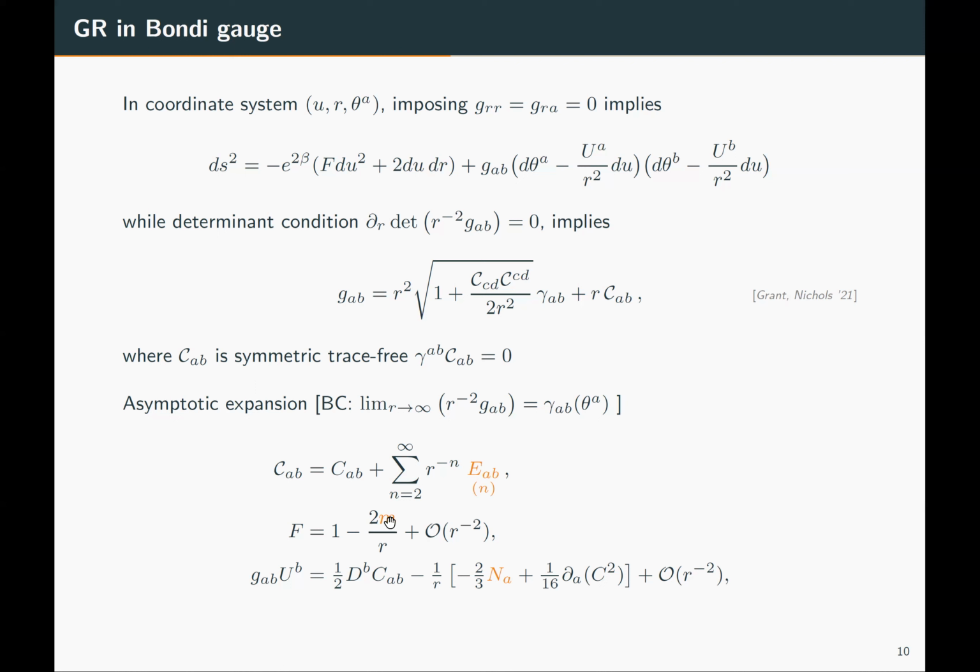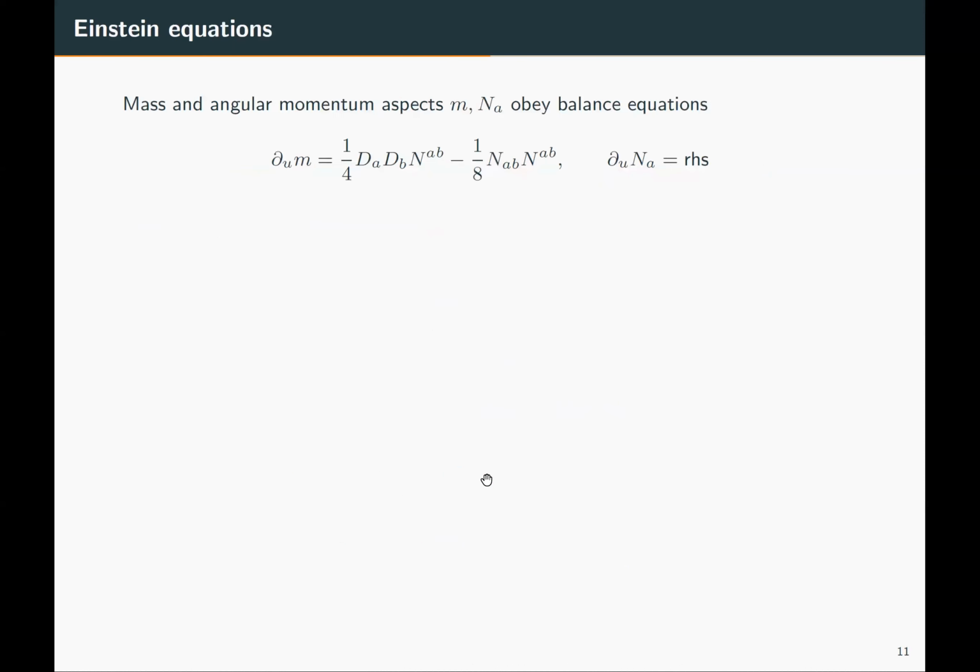And then we have the mass aspect and angular momentum aspect appearing in the expansion of these other quantities in the metric. The important thing about these three quantities is that they obey some evolution equations, which I also call balance equations. So the structure of these equations is that, for example, for the mass aspect, the time derivative of the mass aspect is given by this expression.